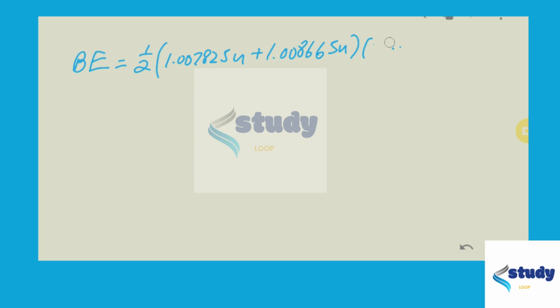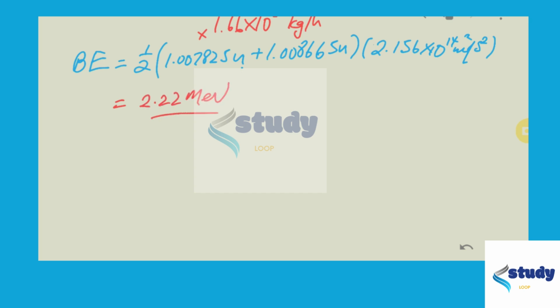Sorry, the negative cancels out from the binding energy. And we will need to convert this u into kilograms by multiplying by 1.66 times 10 to the power minus 27. And our binding energy should be about 2.22 MeV.